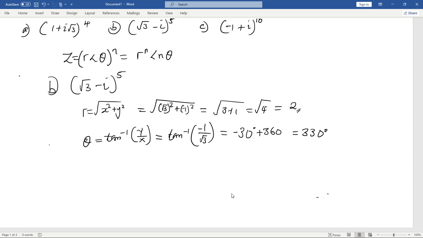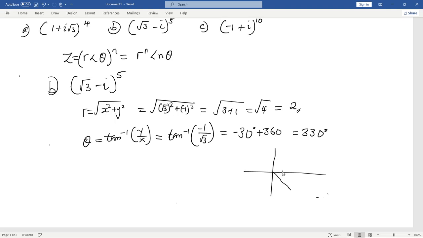Okay, so on the Argand diagram, this looks like this. Let me just erase this. So on the Argand diagram, it falls here.